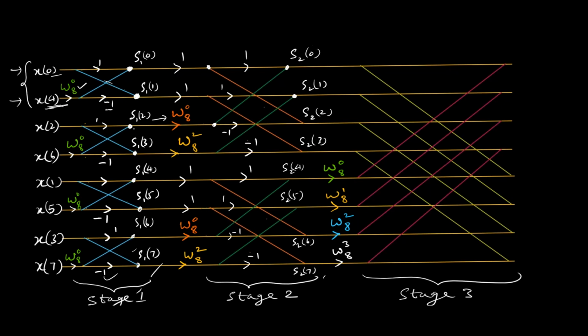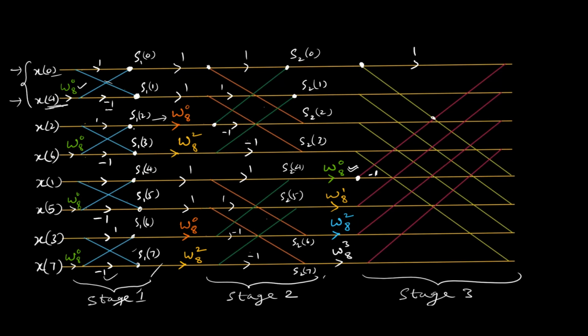If I consider the first butterfly, its input is S2 0 and another input is S2 4. This side we're multiplying with 1, and this S2 is getting multiplied with W80 and also with -1.